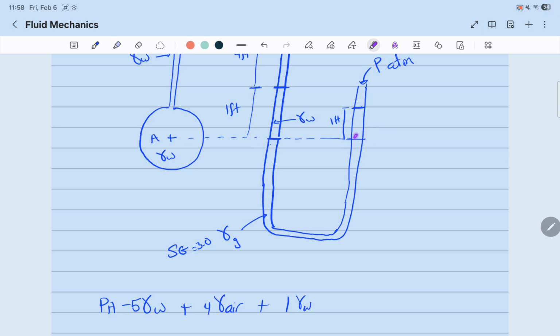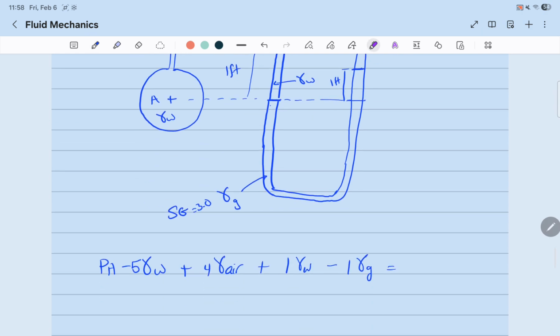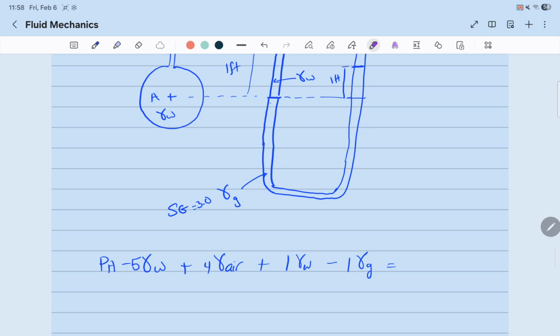Now from here to here, it's going upwards. Pressure decreases when you go upwards, so it'll be minus 1 foot times the specific weight of the unknown fluid, G. And that will equal, at the end, since it's open to atmospheric, 0 gauge.